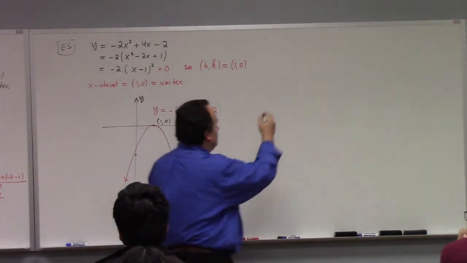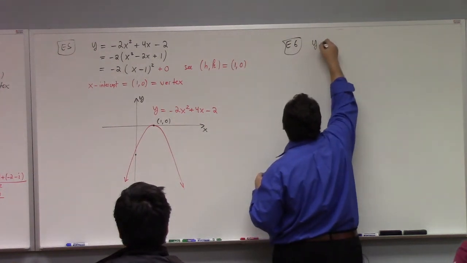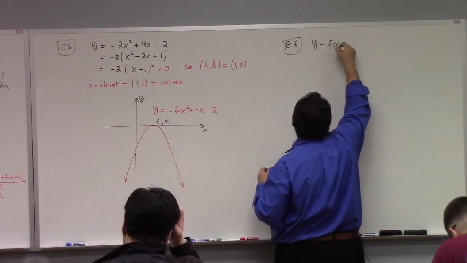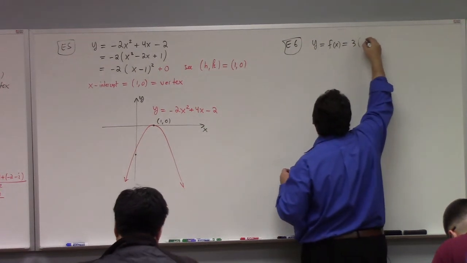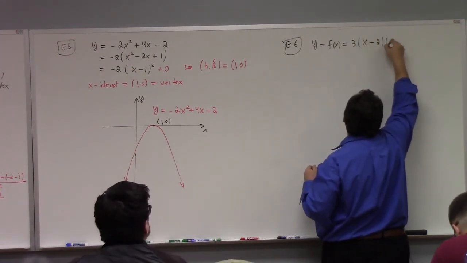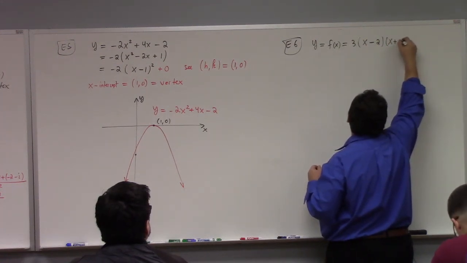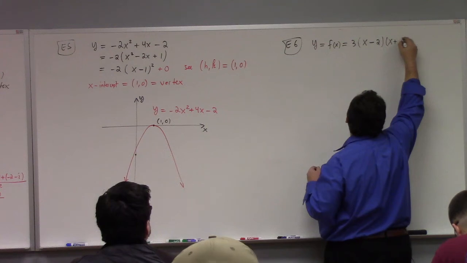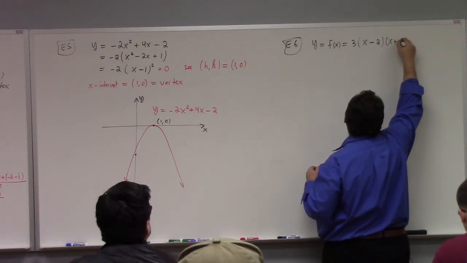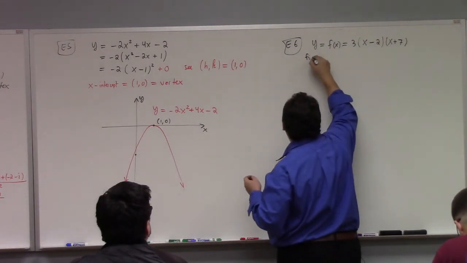Example 6. Suppose you got y equals f of x equals 3 times (x minus 2) times (x plus, I don't know, 7). Find the vertex.